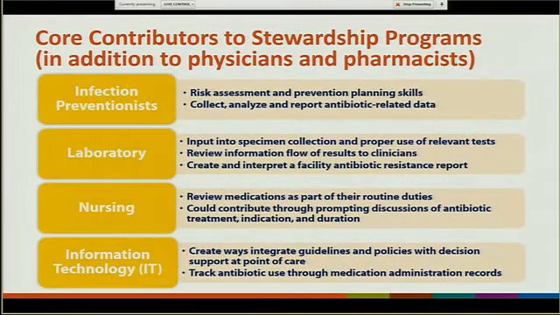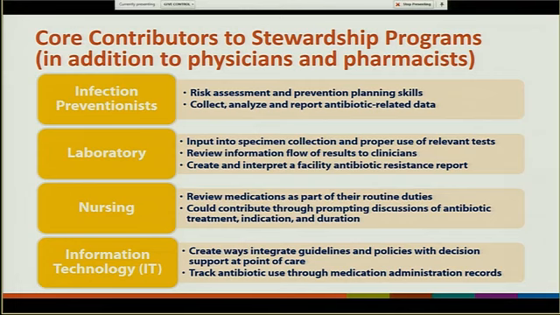We know that classically physicians and pharmacists are leaders or co-leaders of the stewardship program, but I want to highlight that many of you in the audience are infection preventionists and nursing, and you can make an incredible contribution to the stewardship team as well. Based on your training and expertise, infection preventionists have such experience with risk assessment and prevention planning skills and can facilitate collecting and analyzing antibiotic-related data.